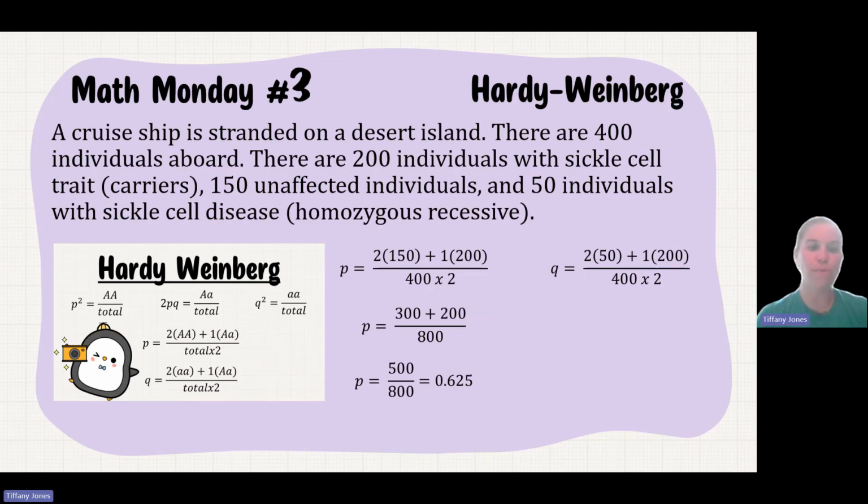That'd be 2 times 50, because 50 individuals are homozygous recessive, plus 1 times 200, because 200 individuals are carriers, divided by 400, our total population, times 2. 2 times 50 is 100, 1 times 200 is 200, 400 times 2 is 800, so 100 plus 200 gives me 300, divided by 800 gives me 0.375. To confirm that I did the math right, if I add 0.625 plus 0.375, I get 1, which is what we should find.